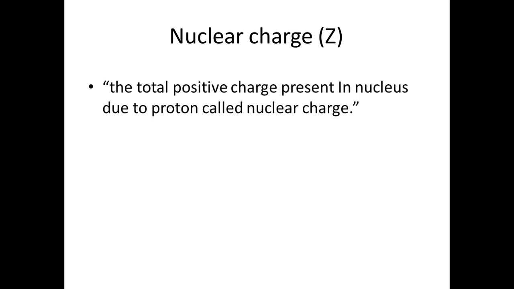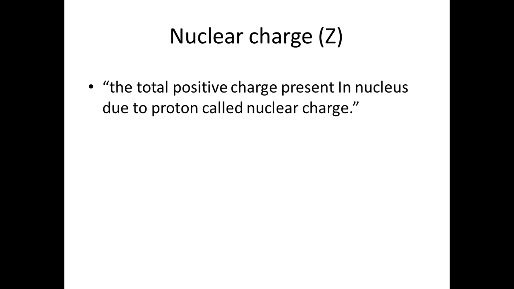And why do we consider this positive charge here? Because positive charge is the only charge which attracts the negative charge present on electrons, and those electrons revolve around the nucleus. If there is no opposite charge on electron and nucleus respectively, then they are not bound with the help of electrostatic force of attraction, and at that time the atom is not stable.